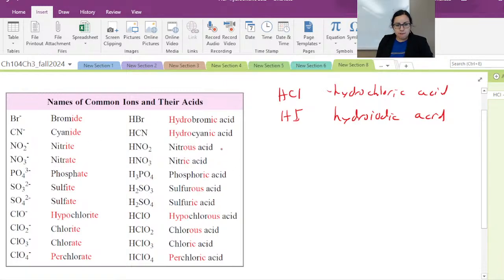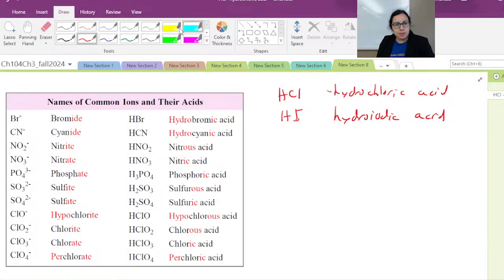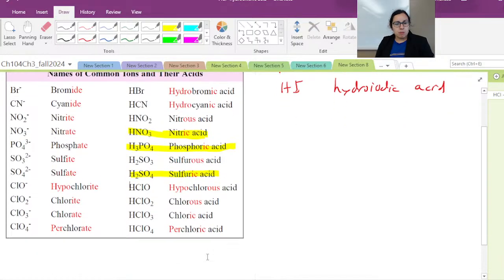And then we have our other types of acids, so nitrous and nitric acid, depending, again, whether it's related to the nitrate or the nitrite. But usually in lab, you'll just encounter nitric acid and phosphoric acid, so that's pretty common. Same with sulfuric acid, H2SO4. Then you probably won't work with any perchloric acids.